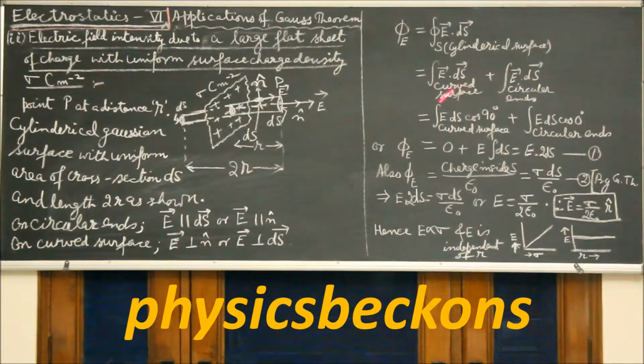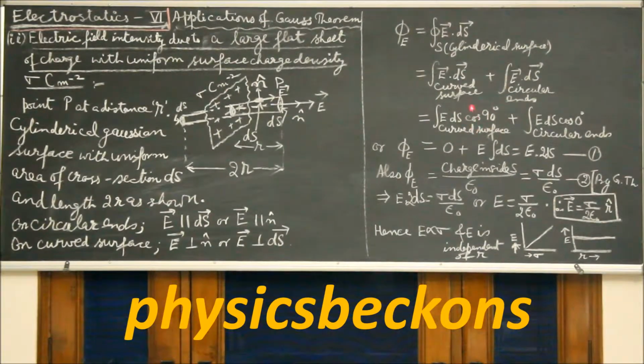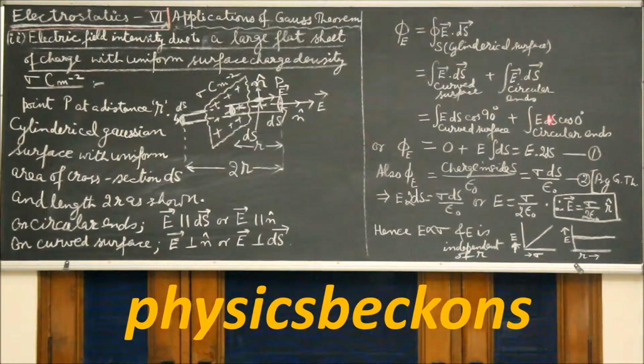For the curved surface, we have theta equal to 90 degrees, so we write E ds cos 90, and for the circular ends theta is 0 degrees, so this integral is written as E ds cos 0 over the circular ends. As cos 90 is 0, this expression will not make any contribution to the flux.